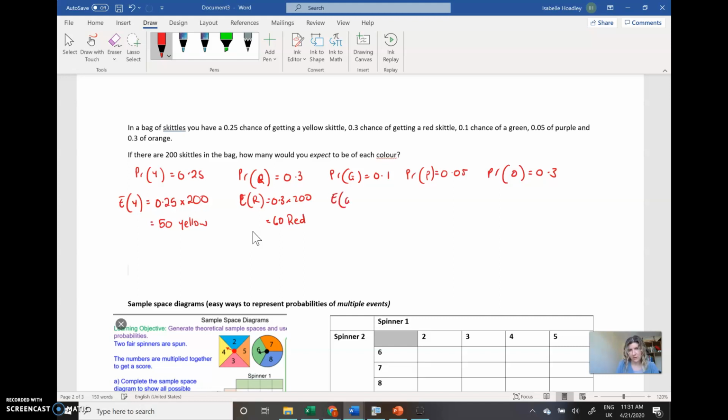Green, 0.1 times 200, it's 20. Purple, so our expected number of purple is 0.05, only 5% purple, times by 200.